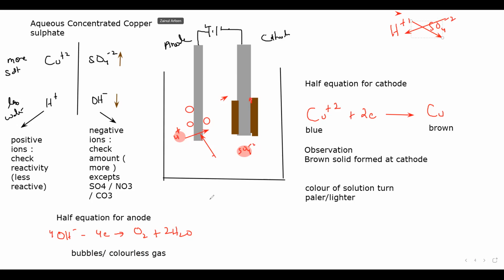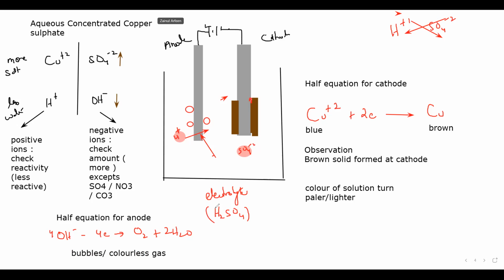So when they combine, the resultant compound is H2SO4. So the electrolyte will turn from copper sulfate into H2SO4, which is also known as sulfuric acid.